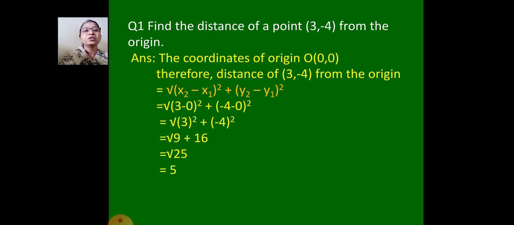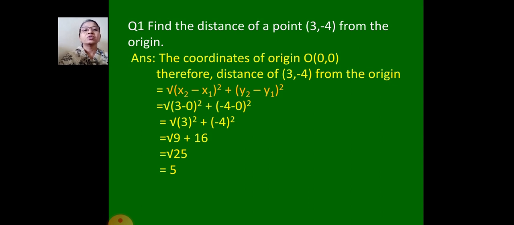So you will get square root of (3 minus 0) the whole square plus (minus 4 minus 0) the whole square. Let us simplify this. That is equal to square root of 3 minus 0 is 3, square, plus minus 4 minus 0 is minus 4, square.